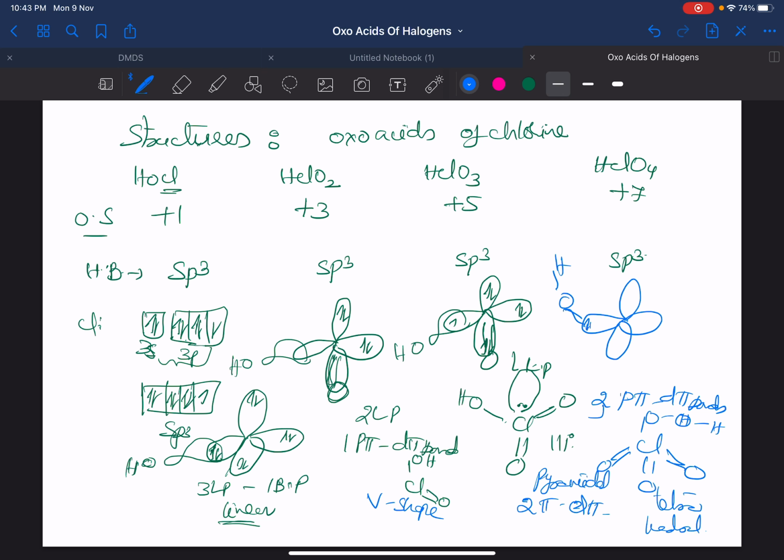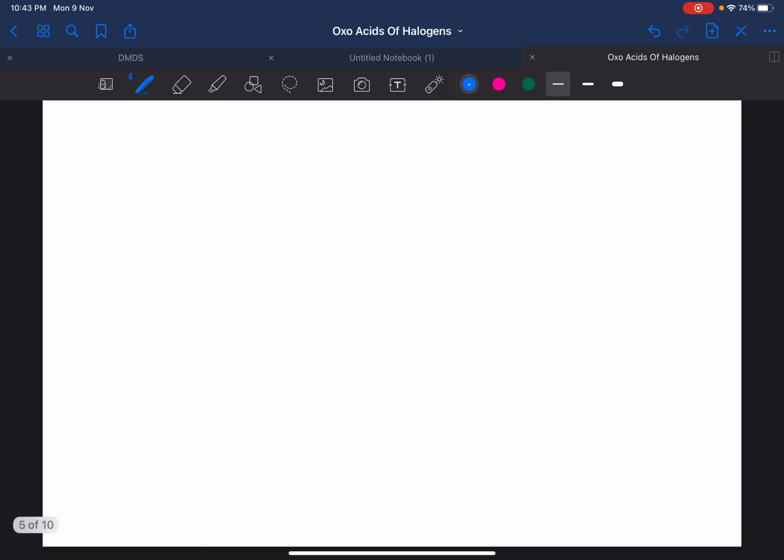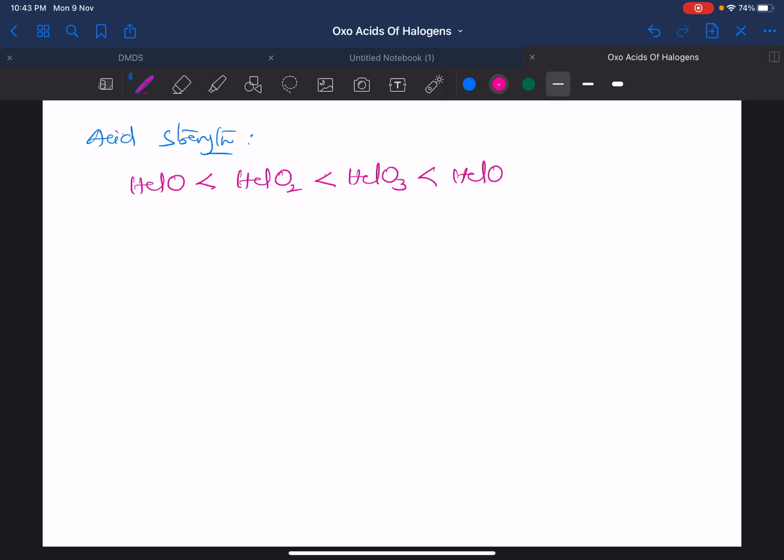So these are the structures and hybridizations of the oxo acids of chlorine. This is very important for the essay question. And the next one is the acid strength. The acid strength of these chlorine acids, HClO, hypochlorous acid, is less than HClO2, less than HClO3, less than HClO4.